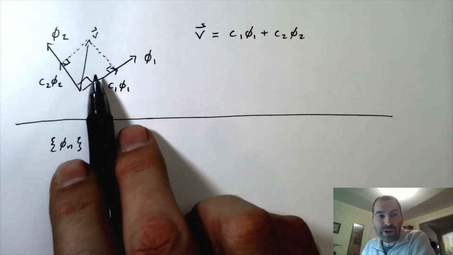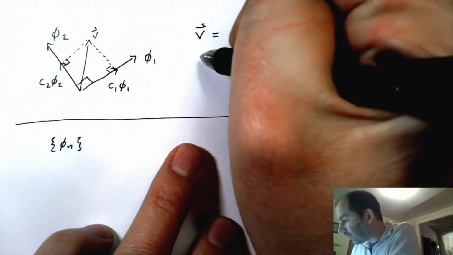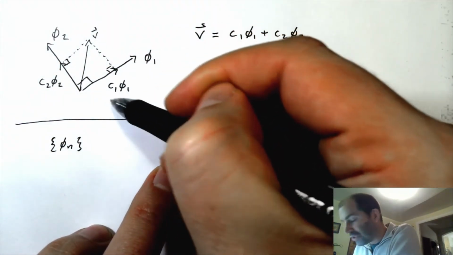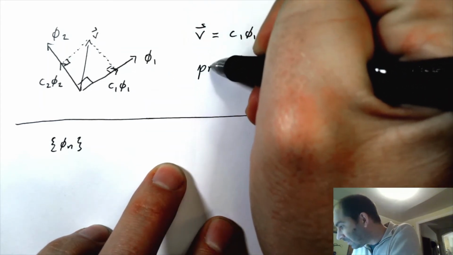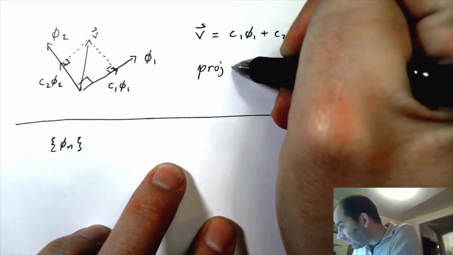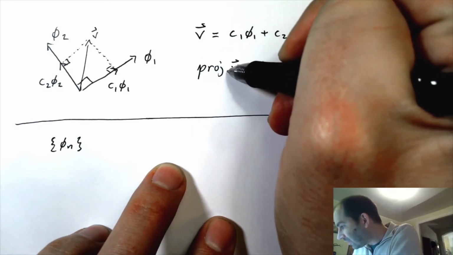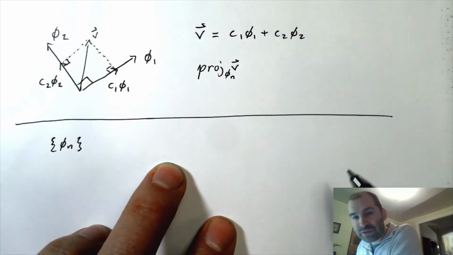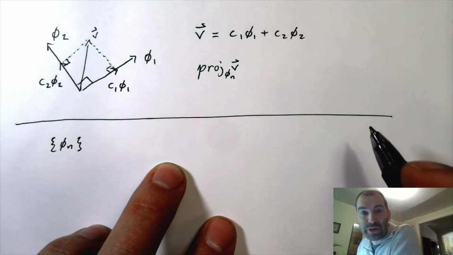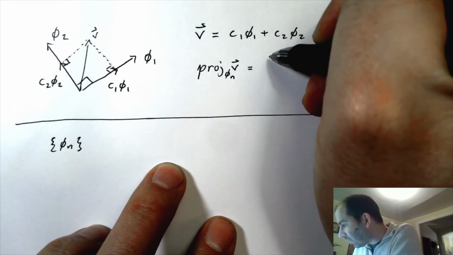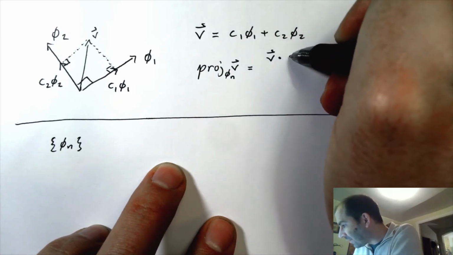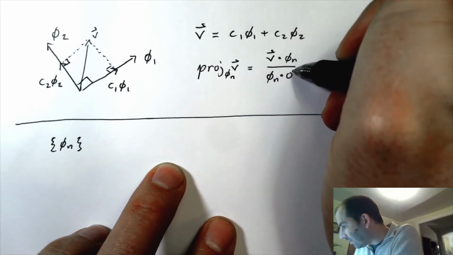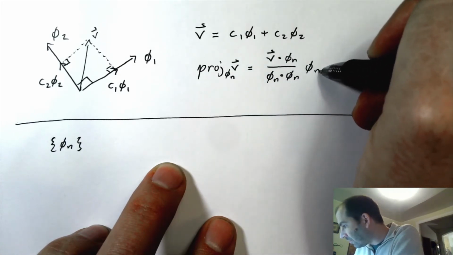Well, how do we do this projection? You should recall from multivariable calculus that there's a projection formula. If you want to project v in the direction of phi1 or phi2, I'll just write phi n, where n could be 1 or 2. The formula is to take v dot phi n divided by phi n dot phi n and multiply by phi n.